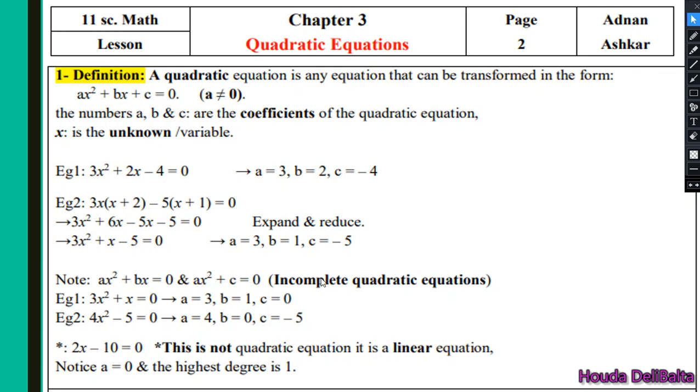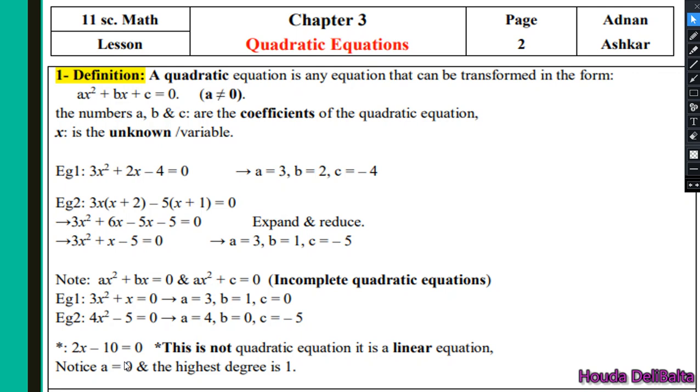Example on these notes: 3x squared plus x equals 0. Now, a is 3, b is 1, while c is 0. Also, if we have 4x squared minus 5 equals 0, a is 4, b is 0 here because the coefficient of x doesn't appear, and c is minus 5.